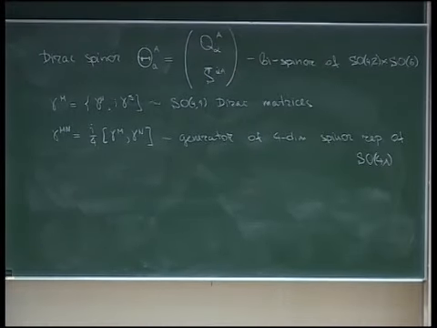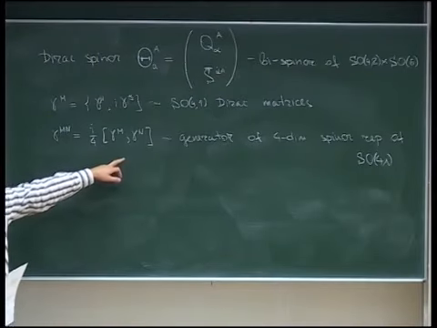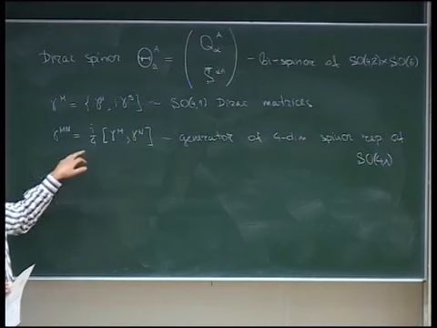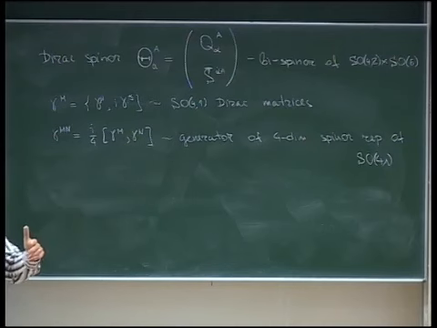Now the next observation is that if we have a set of Lorentz generators and we add Dirac matrices themselves, this set closes under commutations.